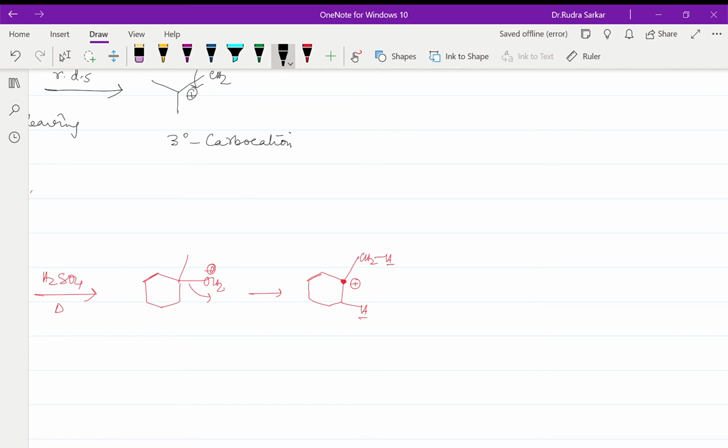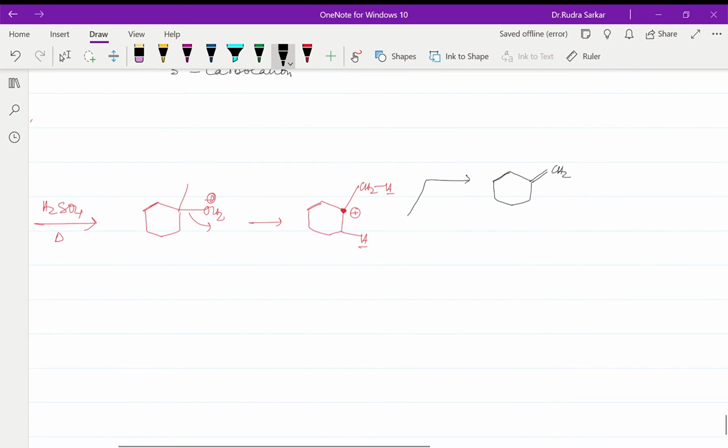But what will be the major product? So let's draw the products and then think. So if an exocyclic double bond is formed, which means what? Double bond is lying outside the ring. We see this is the least substituted double bond in comparison to the one that I am drawing below. This is the most substituted double bond.